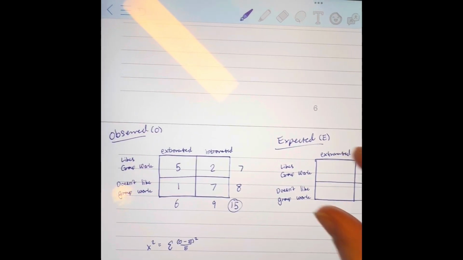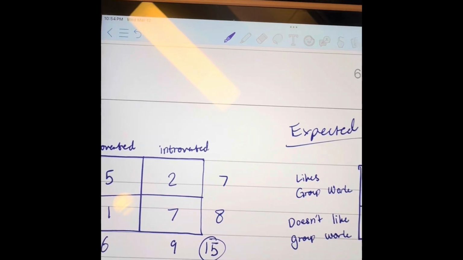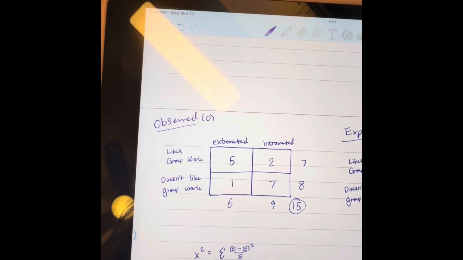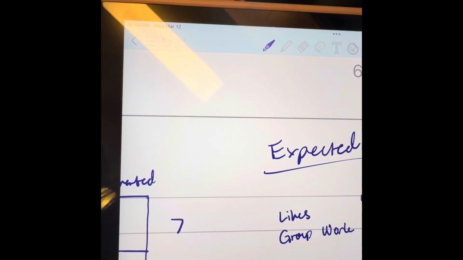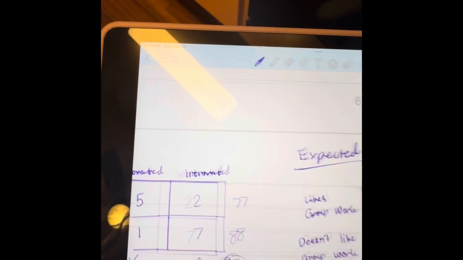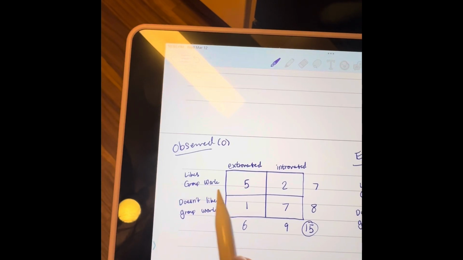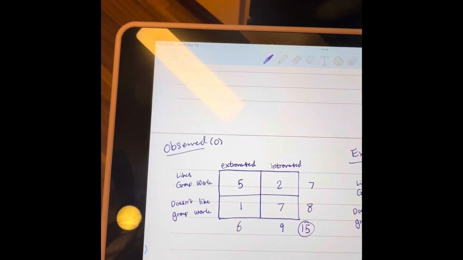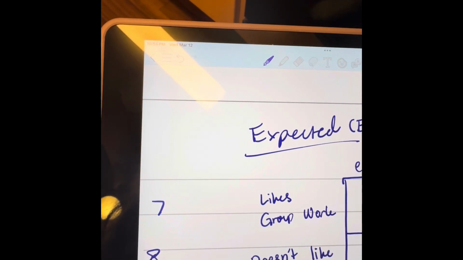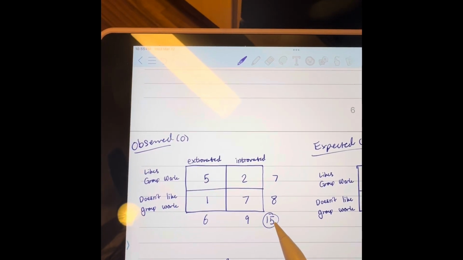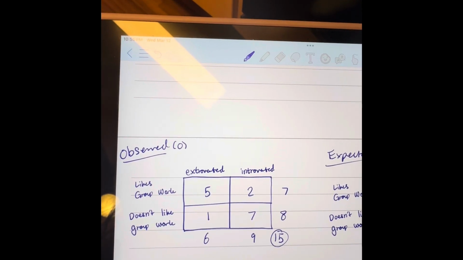So for this first box, I'm going to have extroverted, and that column total is 6. So 6, and then likes group work row total is 7. So 6 times 7 divided by the total people surveyed, which is 15.